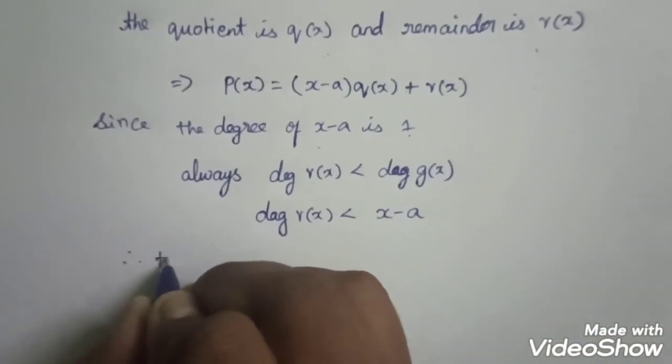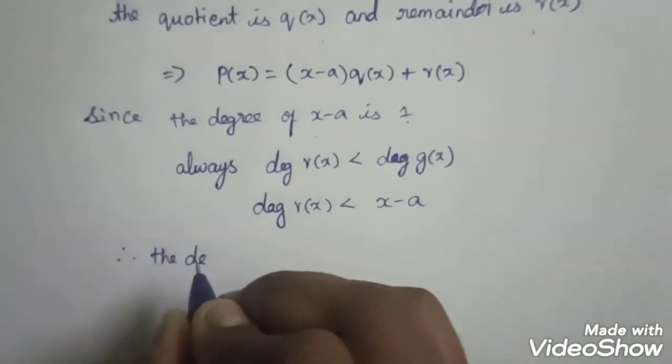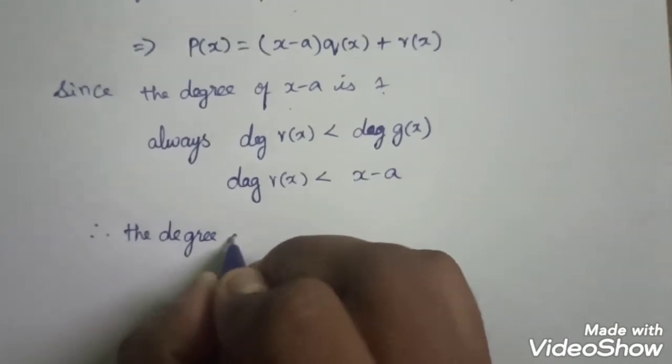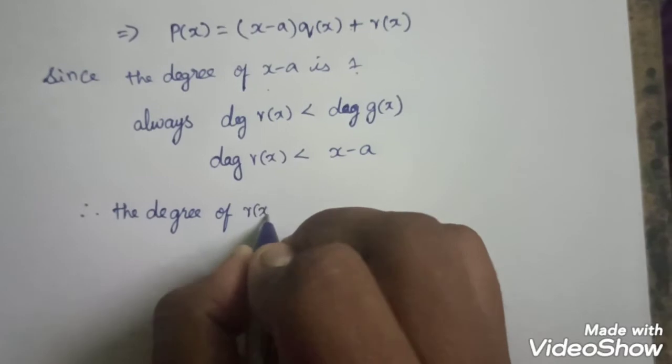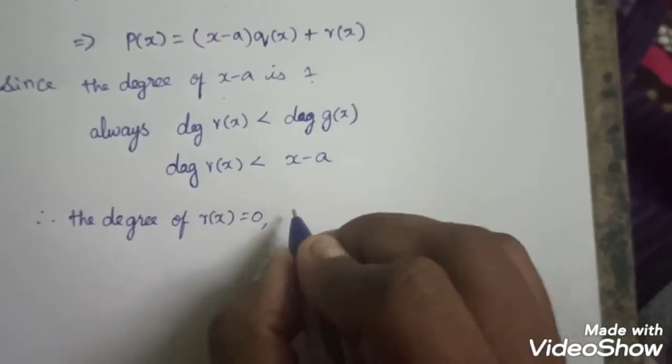Therefore, the degree of R of X equal to 0.